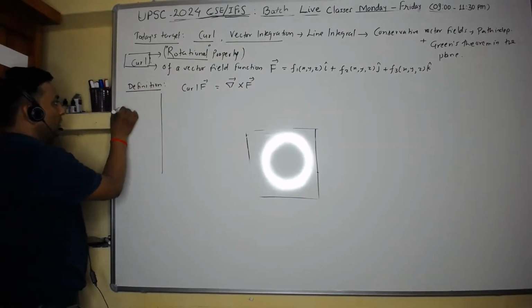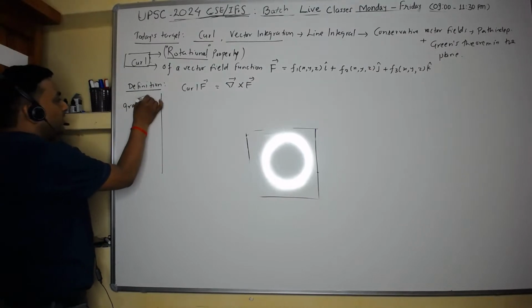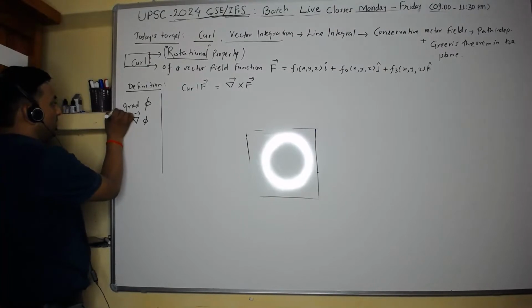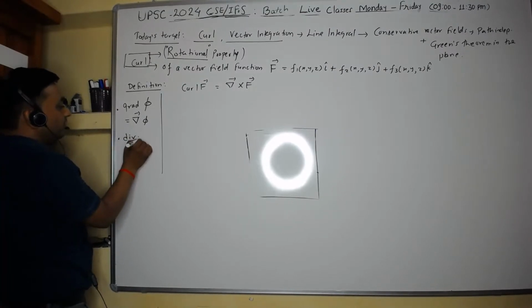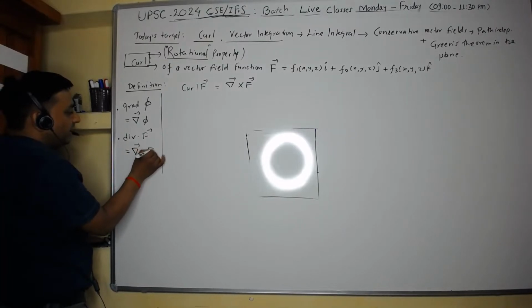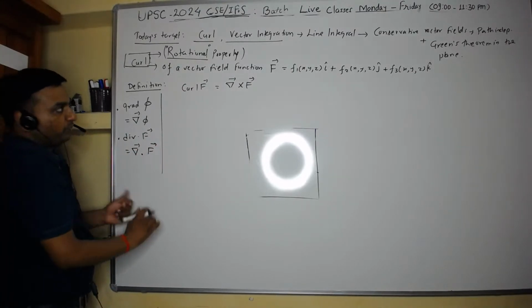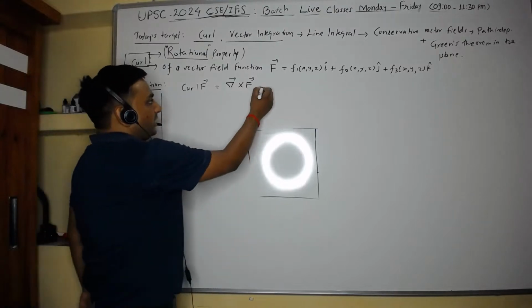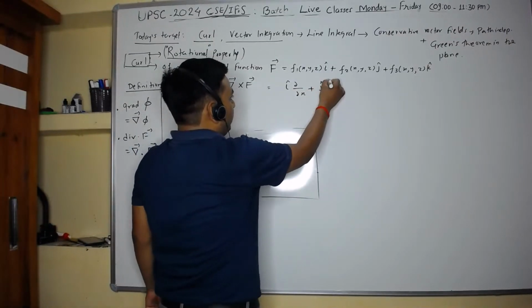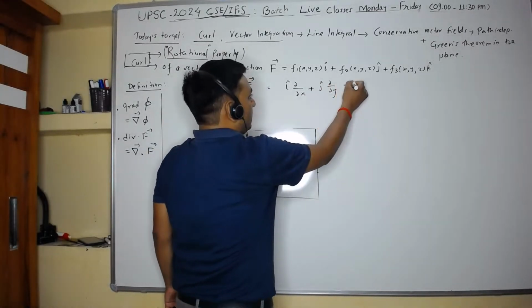So if you want to recall, gradient is of a scalar function, right? Divergence is of a vector field function, that is del dot F vector. And curl is del vector cross F vector.